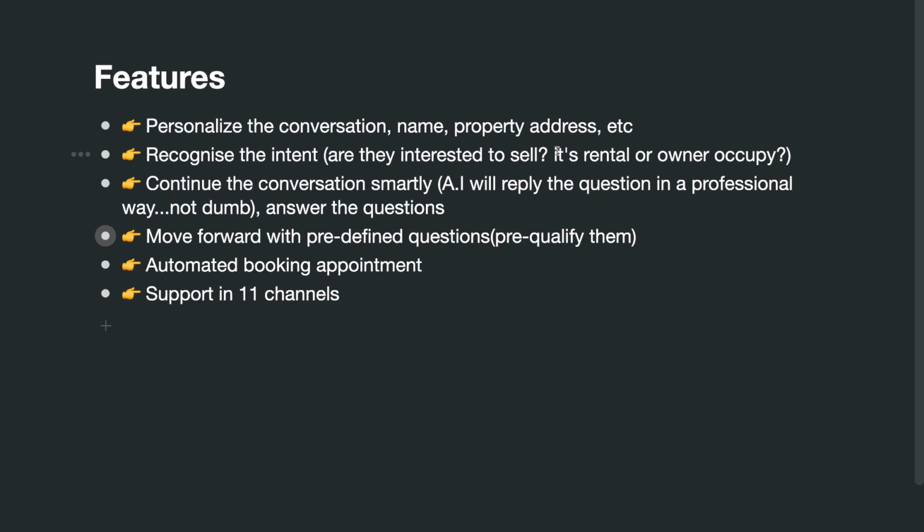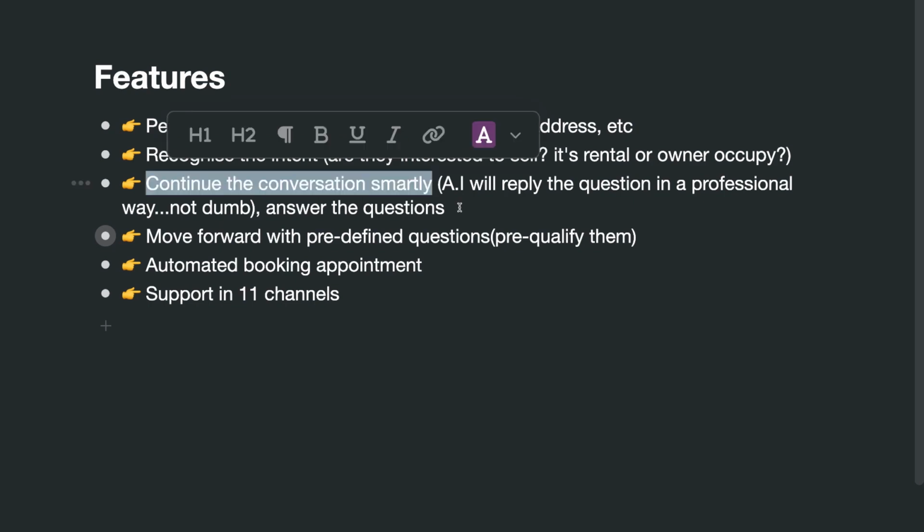I think that is a revolution in cold outreach. The third point is that you can continue the conversation smartly. When you send a question to the homeowners or to your clients, sometimes they reply and ask another question.